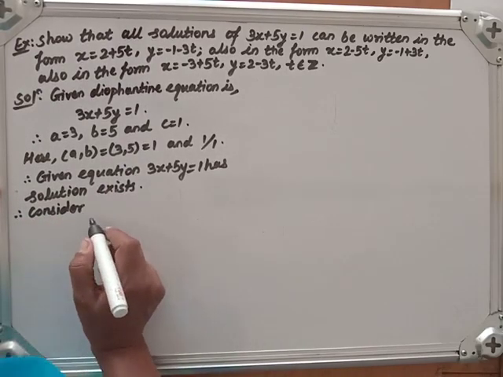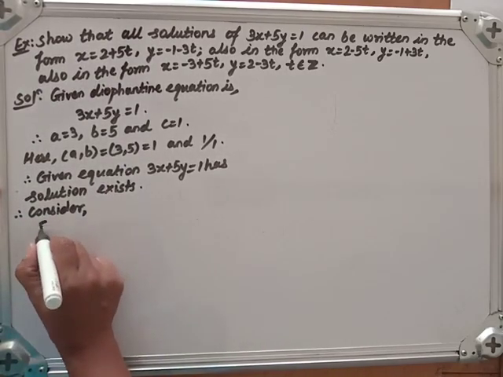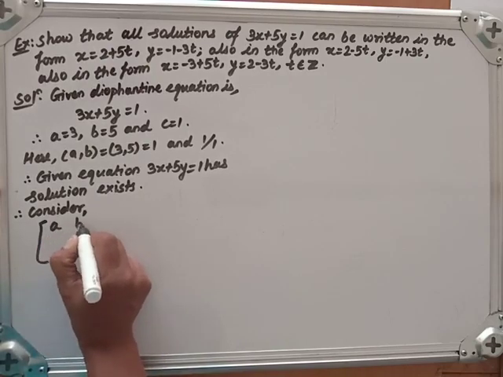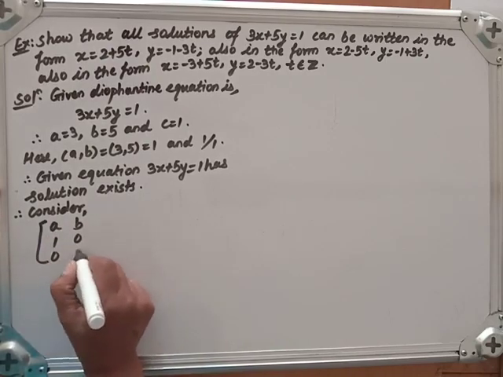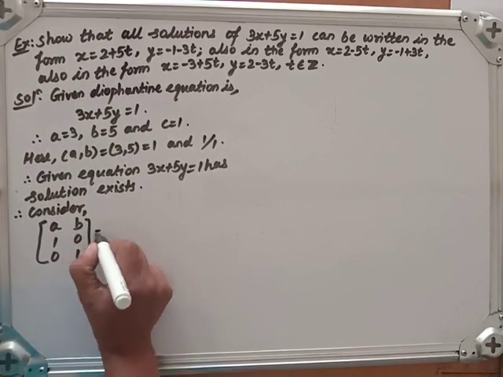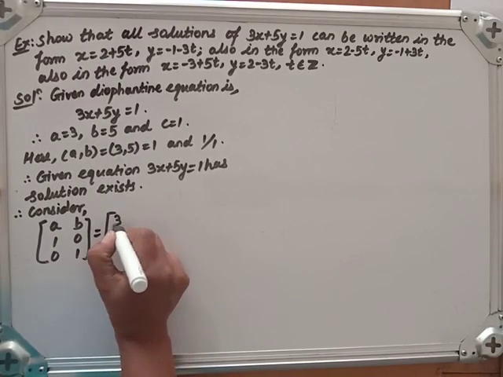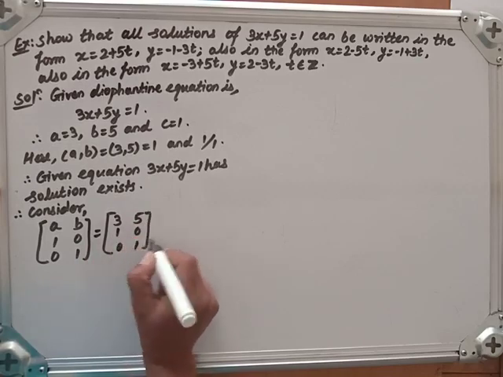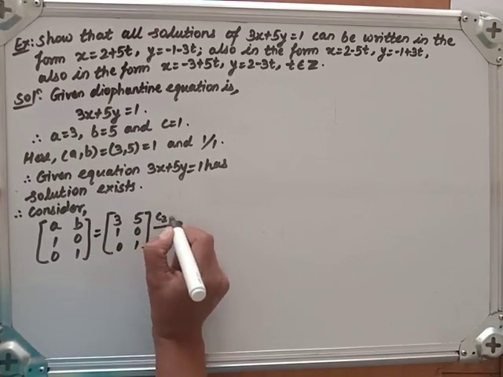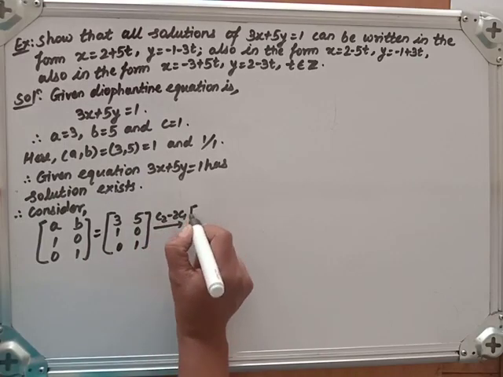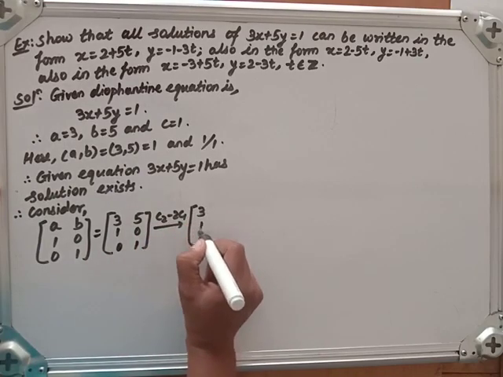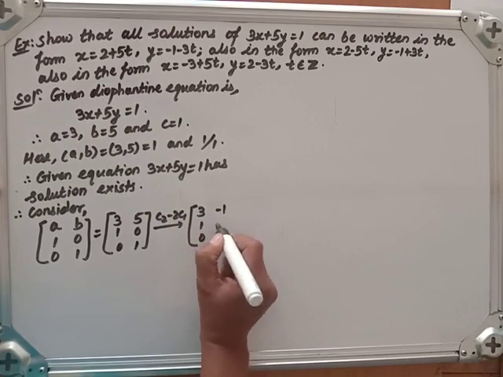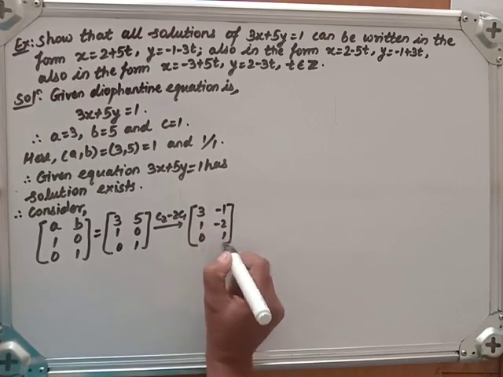Therefore, consider this matrix A, B, 1, 0, 0, 1, that is 3, 5, 1, 0, 0, 1. Now, this will give C2 minus 2C1 will be 3, 1, 0 as it is, minus 1, minus 2 and 1.